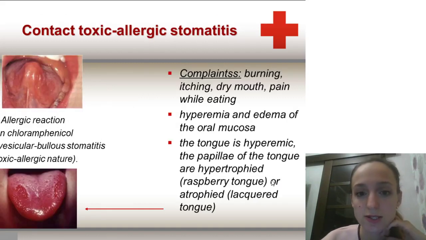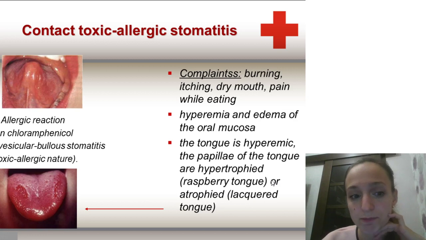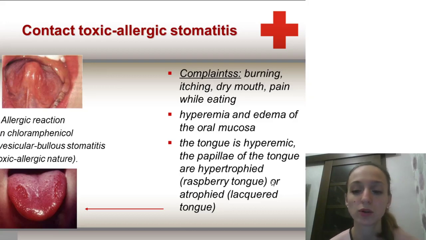Contact toxic allergic stomatitis. Complaints: burning, itching, dry mouth, pain while eating, hyperemia and edema of the oral mucosa.